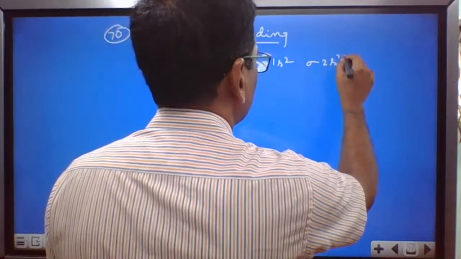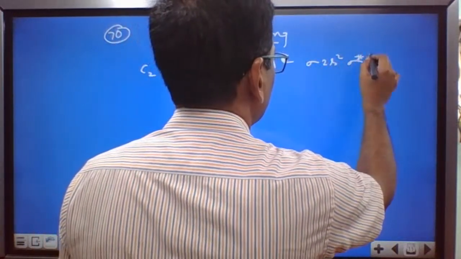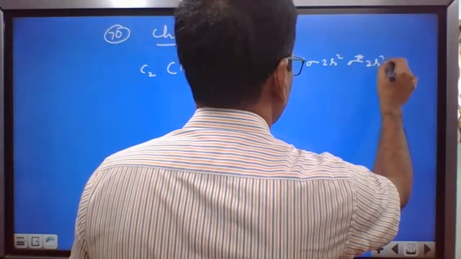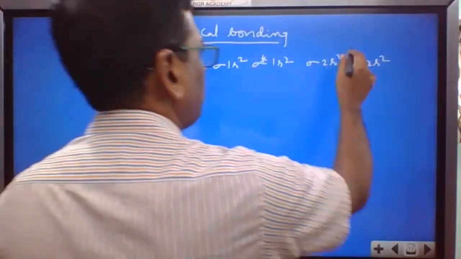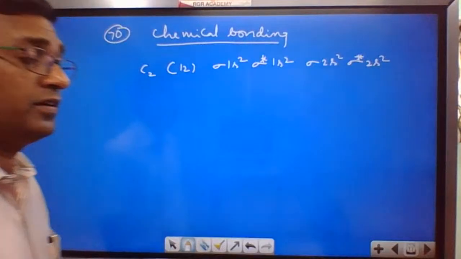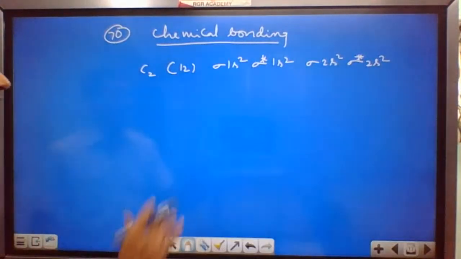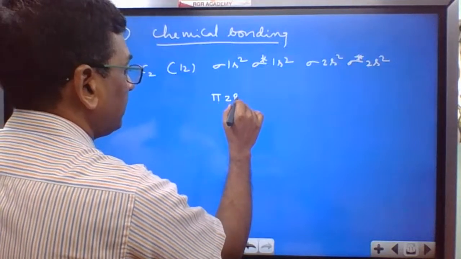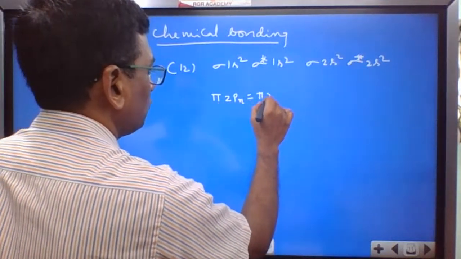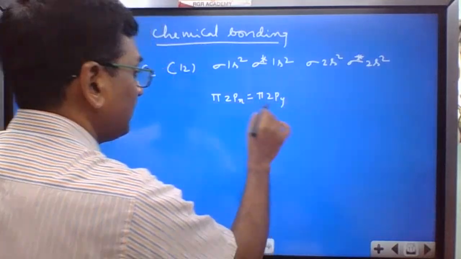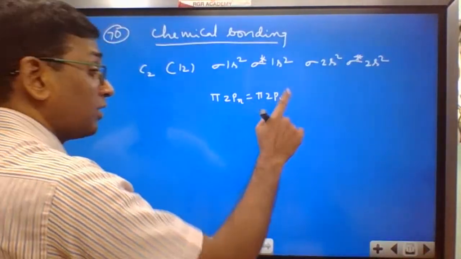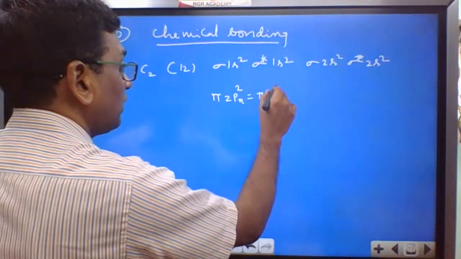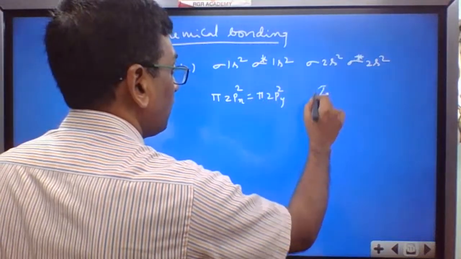Sigma 2s2, sigma star 2s2. So 2 plus 2 is 4, 4 plus 2 is 6, 6 plus 2 is 8. Still 4 electrons are left. They will enter pi 2px and pi 2py, which are degenerate orbitals, meaning orbitals having the same energy. This has 2 electrons, this has 2 electrons. Overall, there are 4 electrons. This is correct.